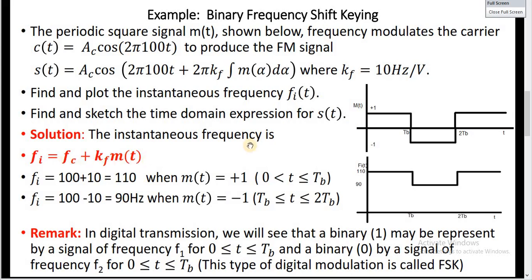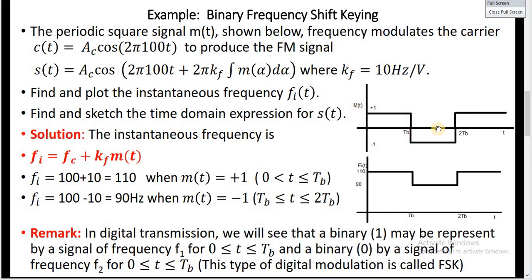So for t between 0 and TB, the instantaneous frequency equals 100 plus Kf, which is 10 times plus 1, equal 110. So during this time, the instantaneous frequency equals 110 Hertz. This is the instantaneous frequency. This is the message.